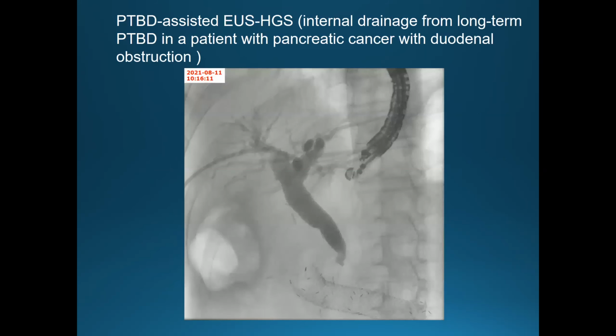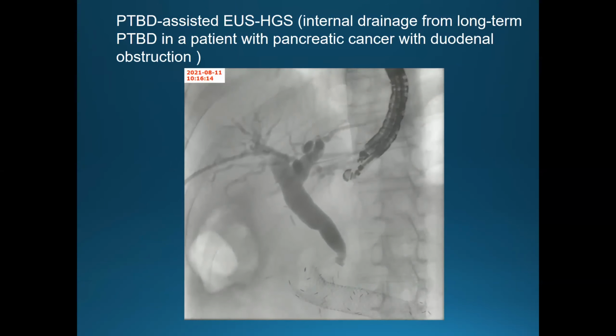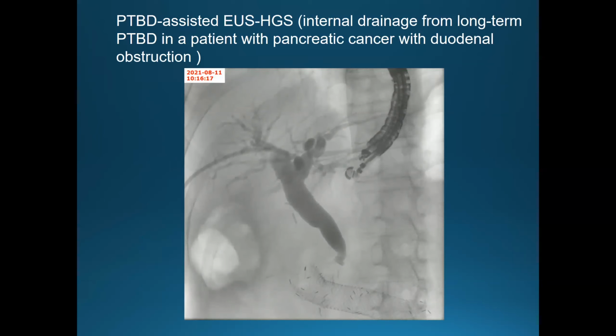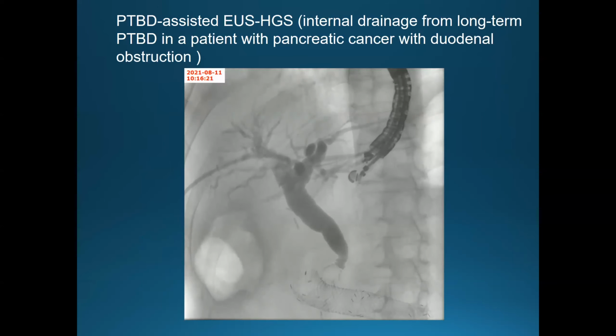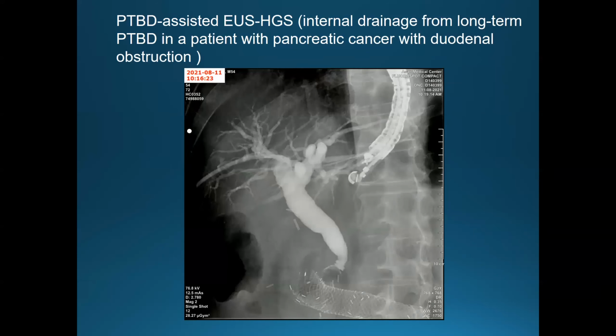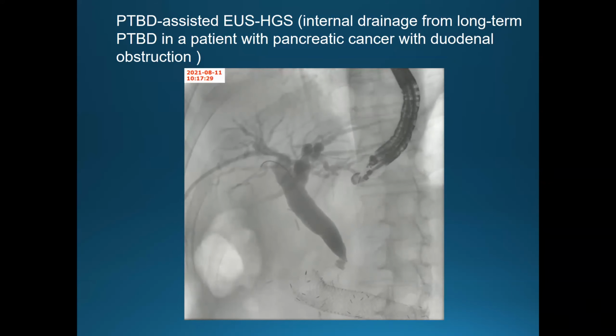Let me show you some video. This patient has pancreatic cancer with duodenal obstruction, and has had a PTBD for almost 6 months. The patient requests removal of the PTBD tube, so I performed PTBD-assisted EUS-guided hepaticogastrostomy.